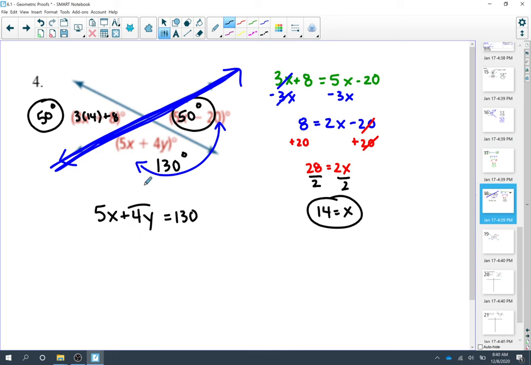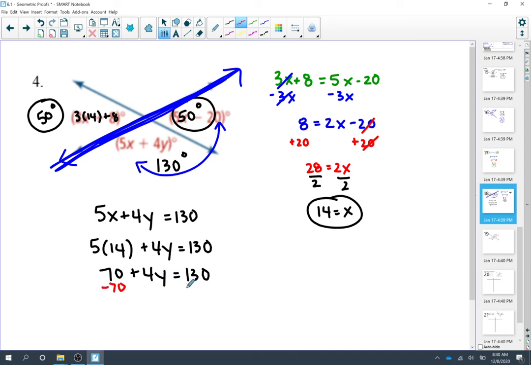Still trying to solve for y, but I do know x is 14. So 5 times 14 plus 4y equals 130. We're going to use substitution, and then we're going to solve. So 5 times 14 is 70, plus 4y is 130. Then I'm going to subtract 70, which is 60.